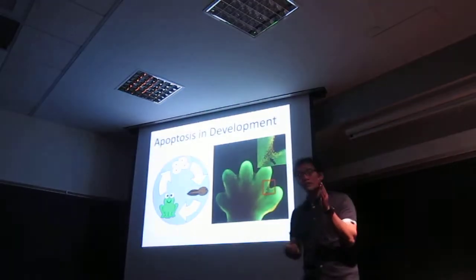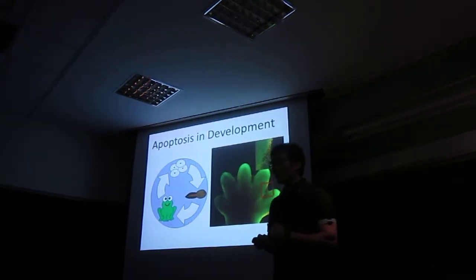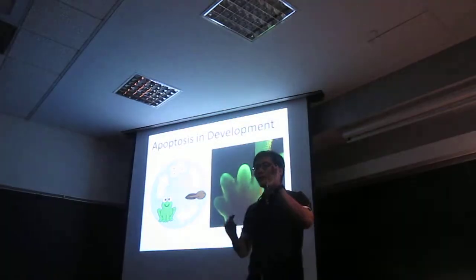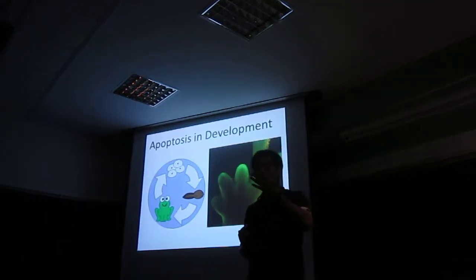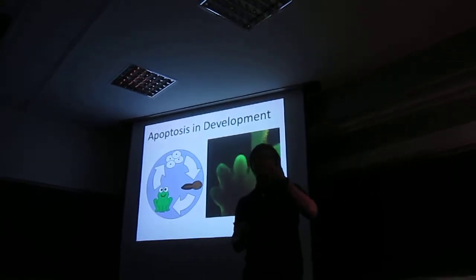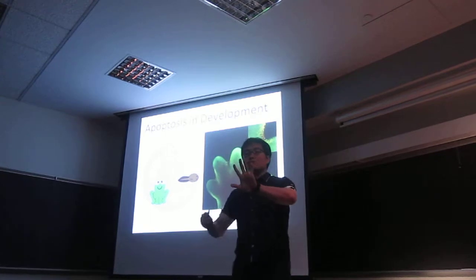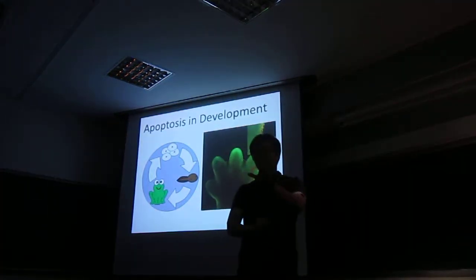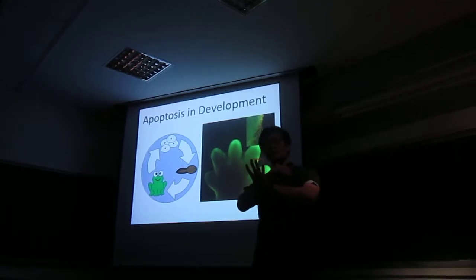And also we can think about our digits. How can we make our digits? It can be done in two ways. First, the digits can grow out from our palms, and second, we make a big spade shape of hand and then cut off the unnecessary parts.